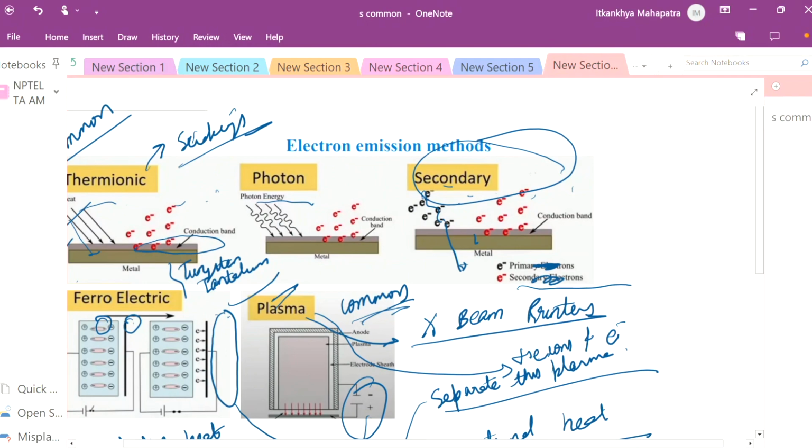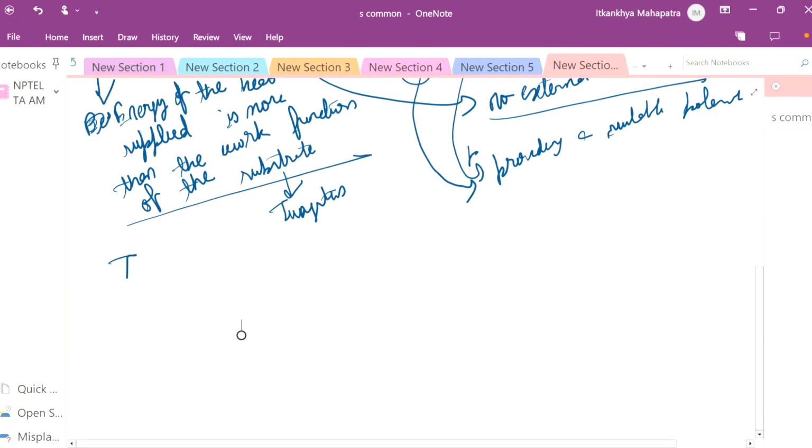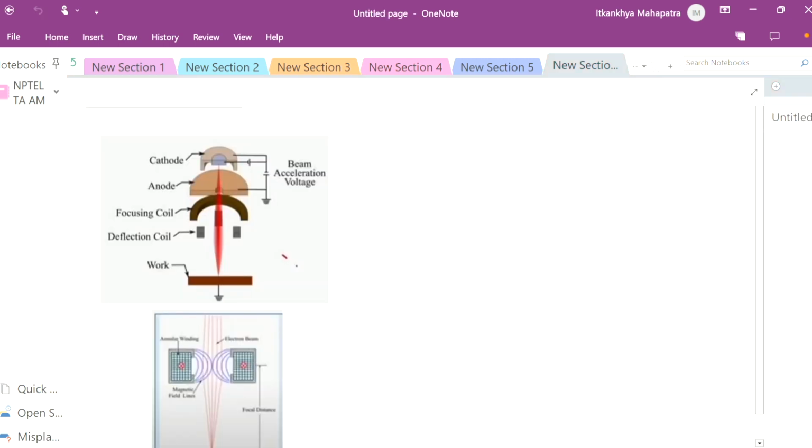Now next we will discuss the thermionic gun. So this is the thermionic gun setup. In the thermionic gun we have the cathode, anode, focusing coil, and deflection coil.